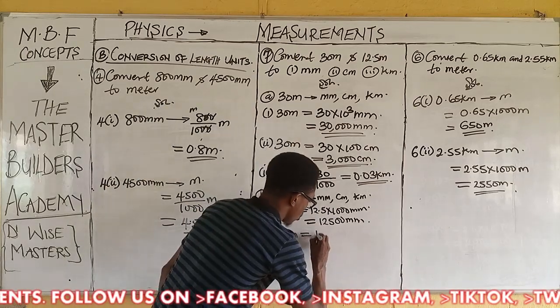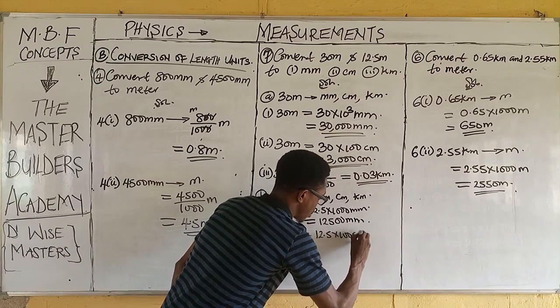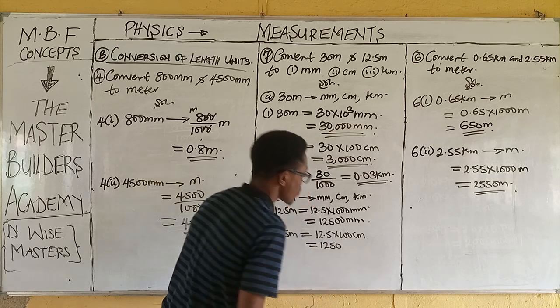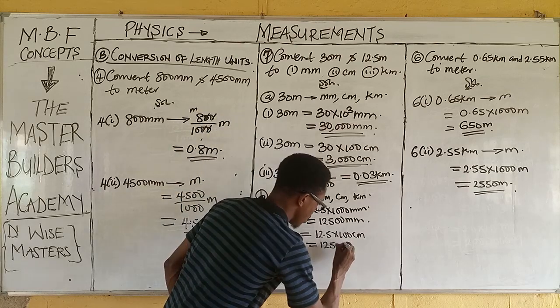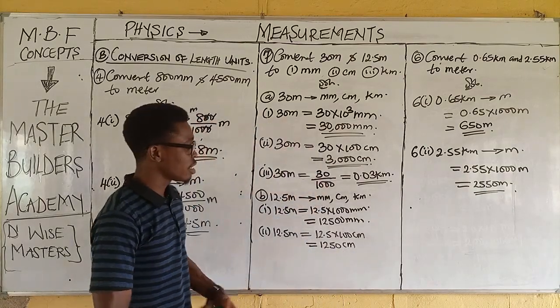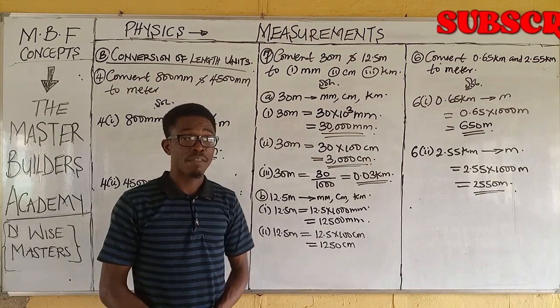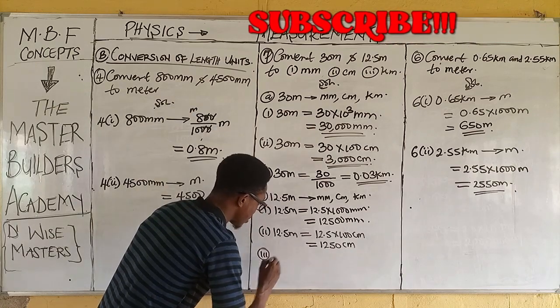And this will have given us 12.5 multiplied by 100, now in centimeters. And 12.5 multiplied by 100, we are going to have 1250 cm. That is to say, 12.5 meters is equivalent to 1250 cm.